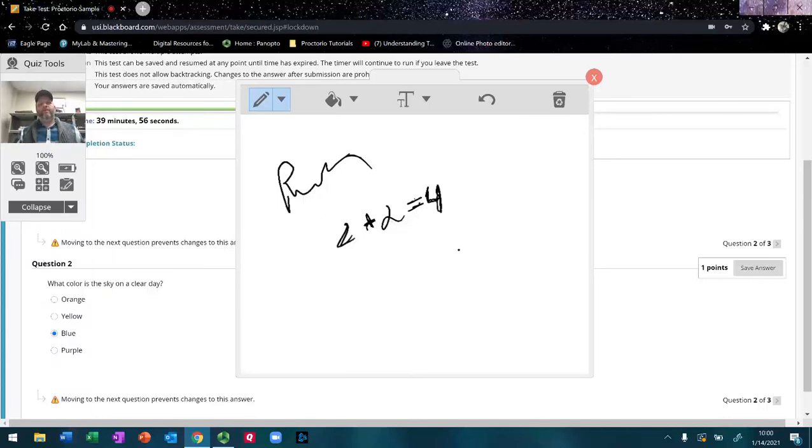The problem is if you don't have a touch screen, then you're left with using the mouse. That's not horrible, but if you're doing derivatives or long algebra problems, that's going to slow you down tremendously.